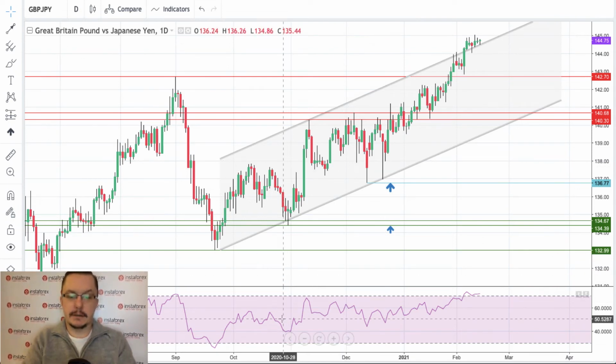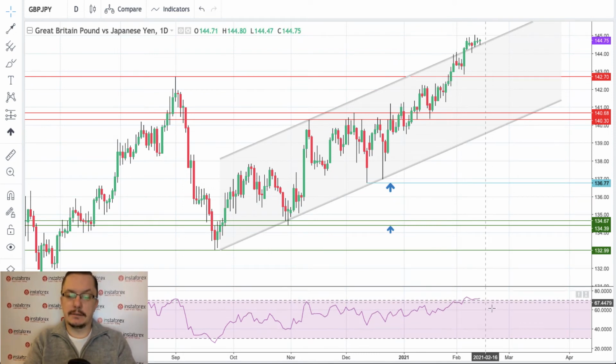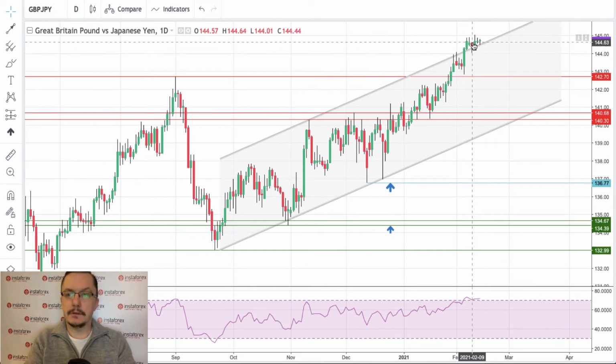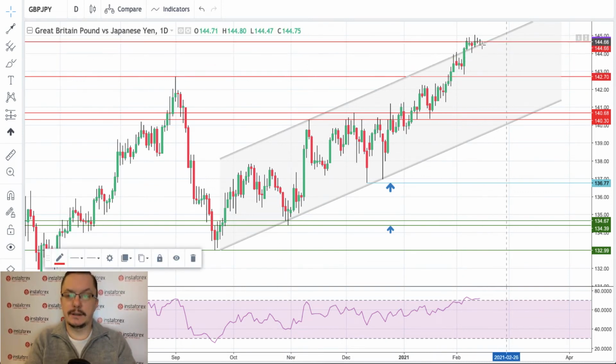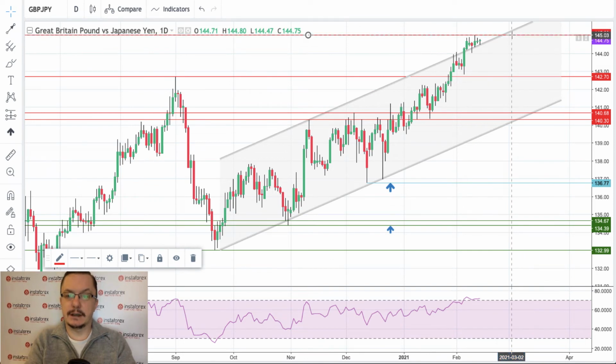And let me just take a look at the momentum. As you can see, we are in extremely overbought market conditions right now. So the level of 145 is the current high, so it will work as a technical resistance, but it's not that strong.